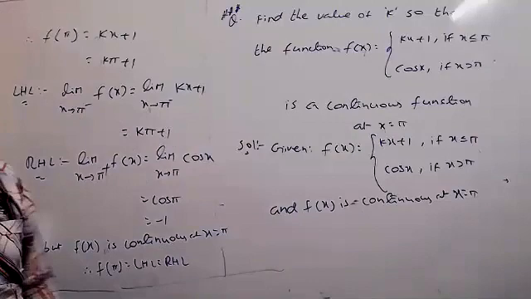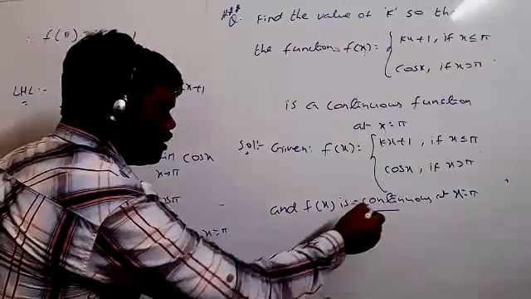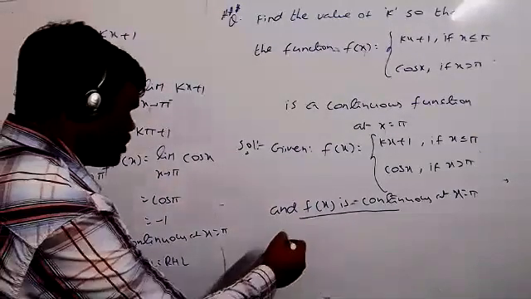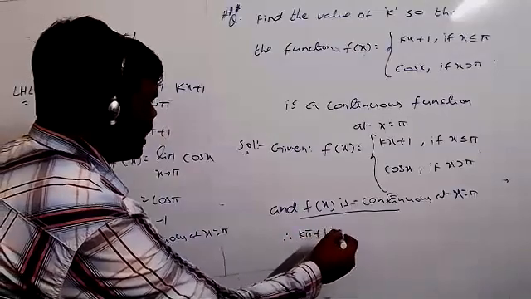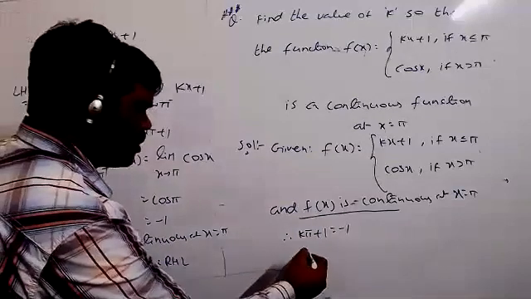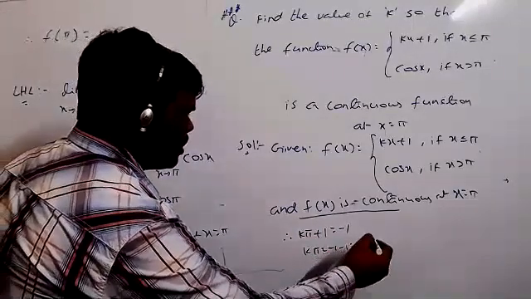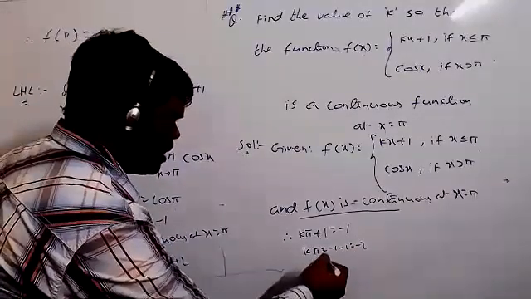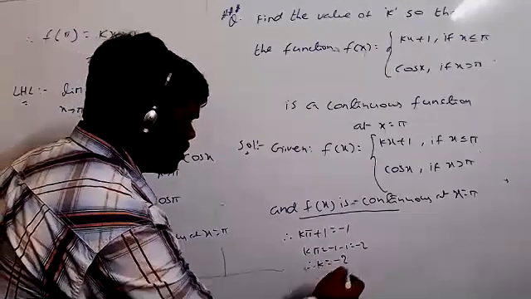I will write here now. So therefore, k pi plus 1 equal to minus 1. So k pi equal to how much? Minus 1 minus 1 equals minus 2. So that implies the value of k equals how much?